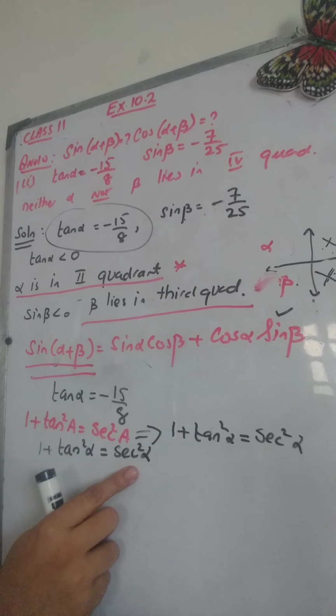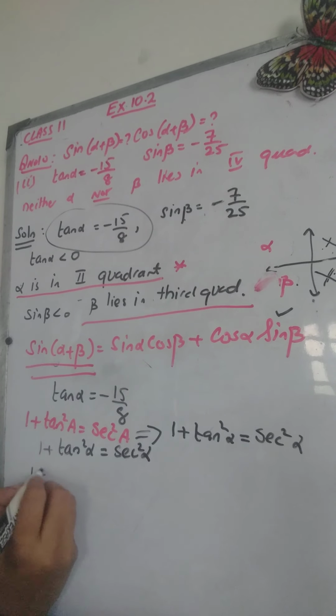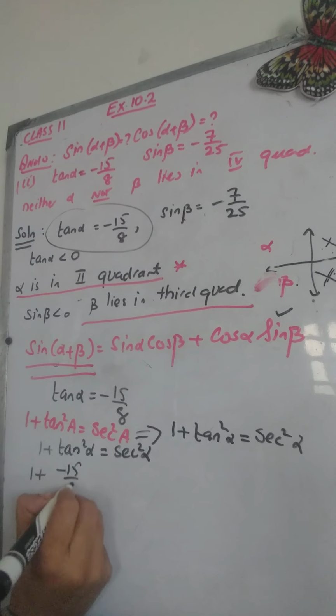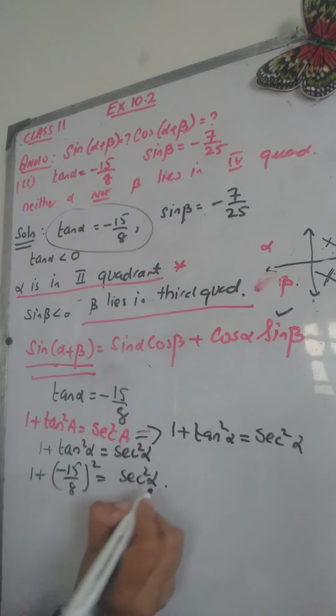1 plus tan square alpha is equal to secant square alpha. Putting the value of tangent alpha from here over here, what do we have? 1 plus negative 15 over 8 whole square is equal to secant square alpha.